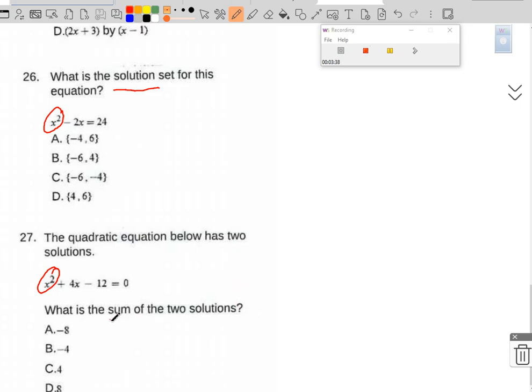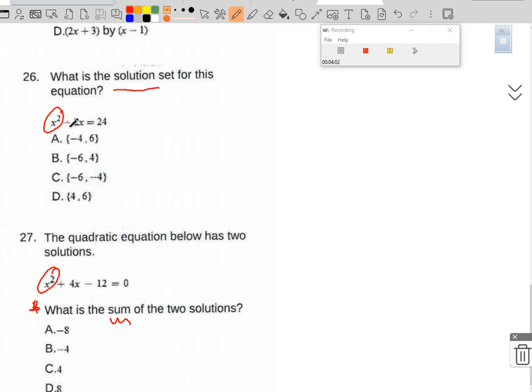This one asks you for the sum of the two solutions to this quadratic equation. So we're going to start doing number 26, but basically they're testing the exact same material here, but then they're also asking you to pay attention to going one step further after you find the solution on number 27.